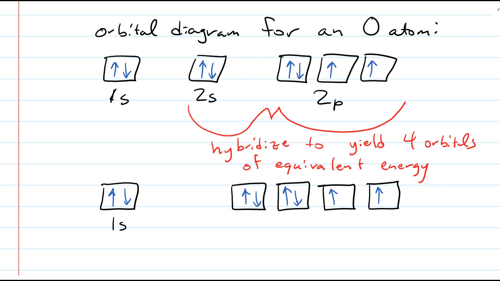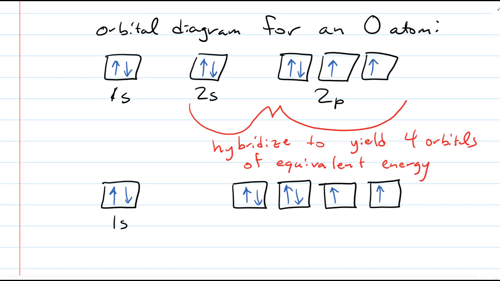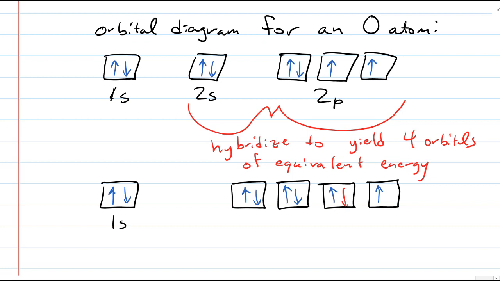Because these are all of equivalent energy, they occupy a space in 3 dimensions, which places them as far apart from each other as possible. And in the case we talked about on Tuesday, that angle winds up being 109.5 degrees. And what happens then is hydrogen comes in with its valence electrons. So the electrons that come from hydrogen are the ones that we're showing in red.